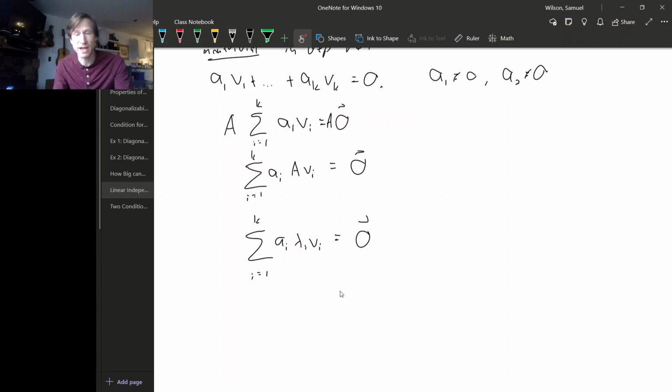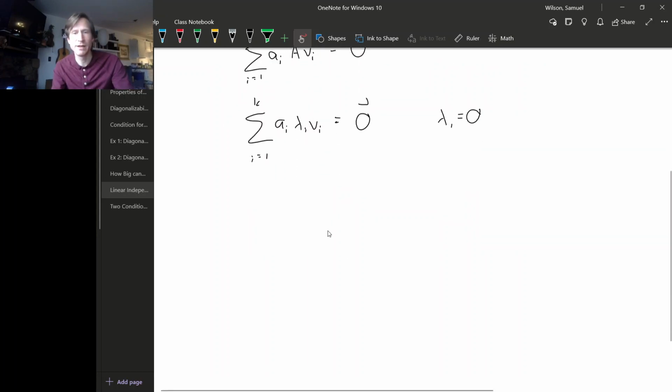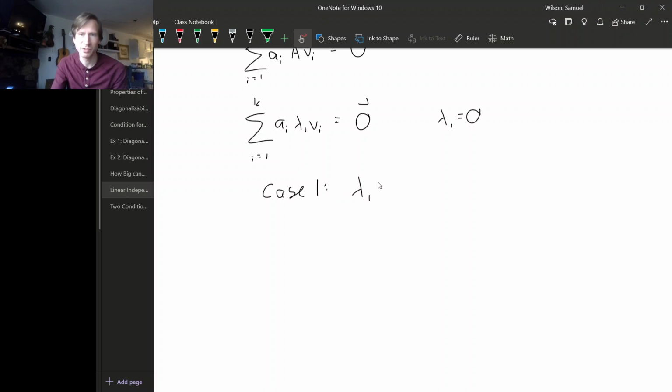So now there are two cases. The first case is if lambda 1 is 0. Case 1, lambda 1 equals 0. If lambda 1 is 0, then this sum actually doesn't have a first term, right?